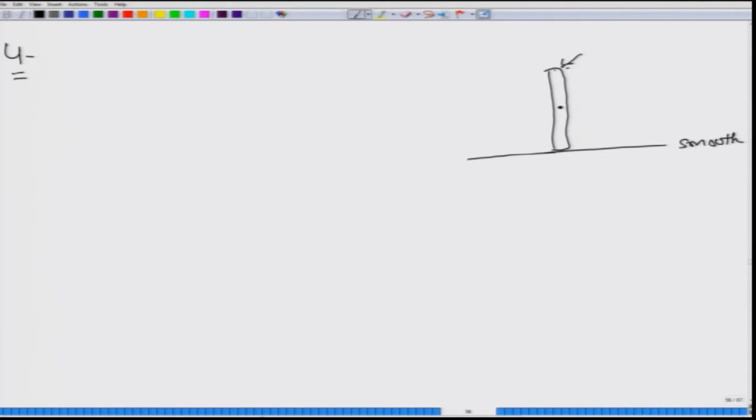It starts falling. Since there is no horizontal force acting on this rod, the center of mass will fall vertically downwards. So say after some time the center of mass is here, and the position of the rod will be something like this.